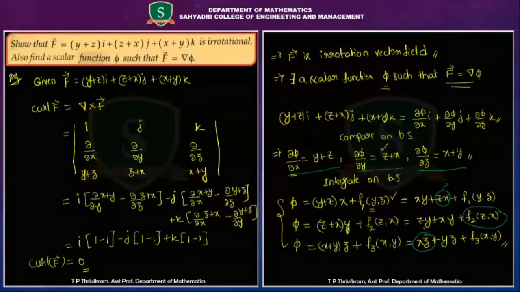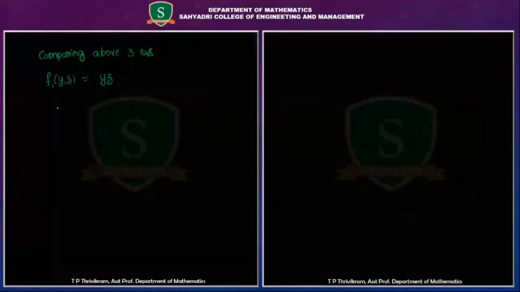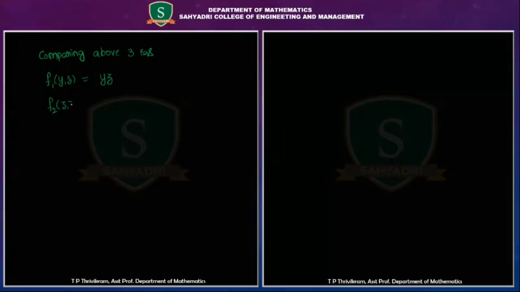Suppose in this function you had 2z, then you would have to take zx plus 2z. But here these two functions are the same, so we write only one function. So f2 of z comma x, or x comma z, is zx.